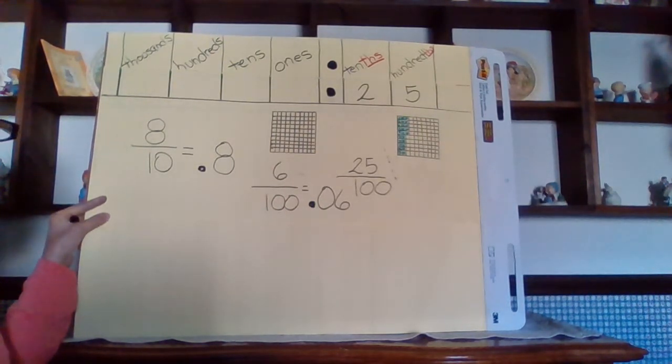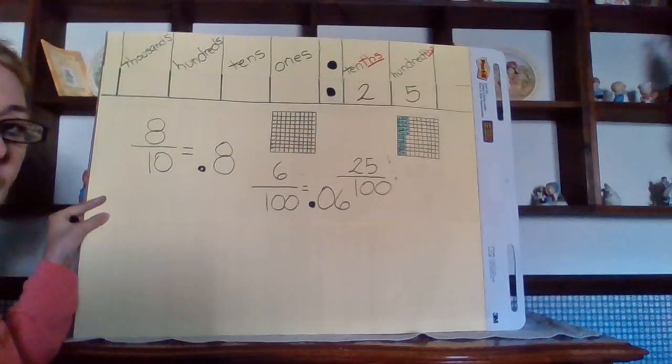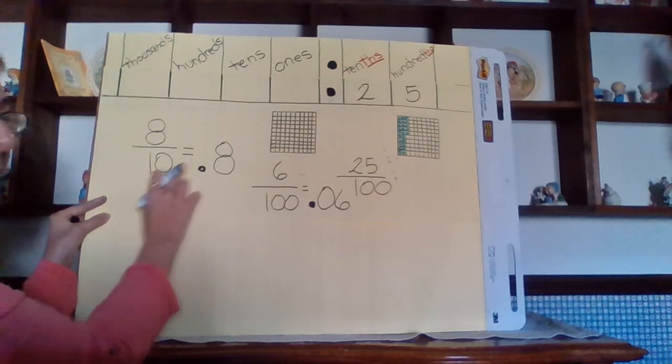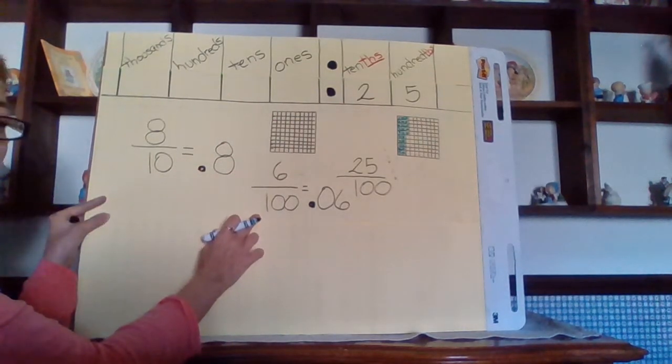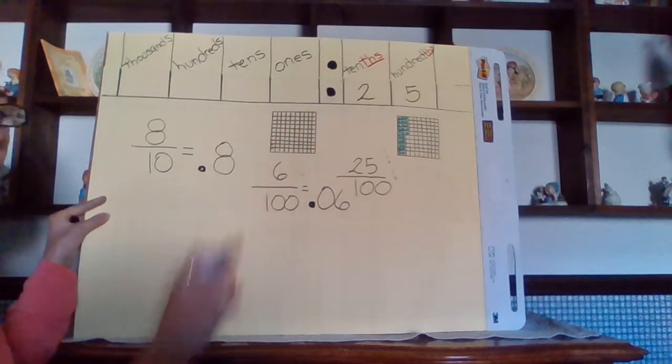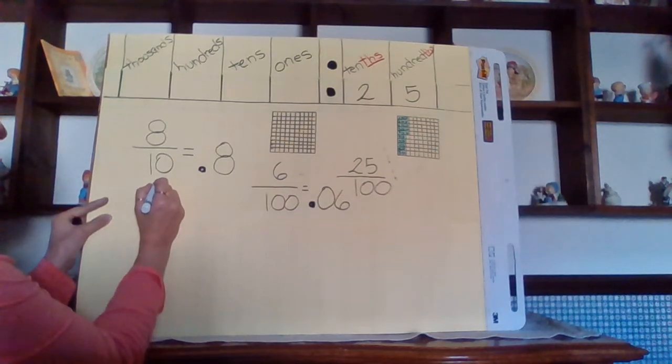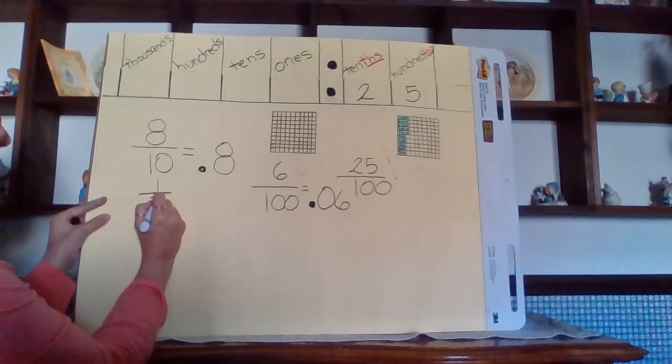Now, notice to relate decimals and fractions, I have to have a denominator of 10 for tenths or a denominator of 100 for hundredths. So is there a way that we can convert some of our common fractions into decimal numbers? Well, let's take a look at our most common fraction.